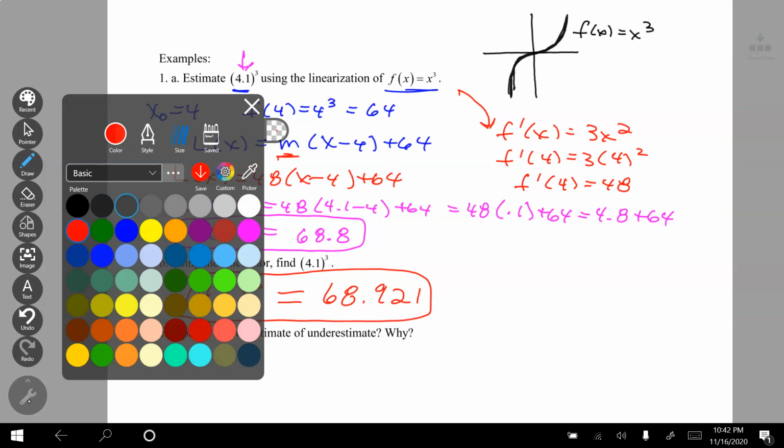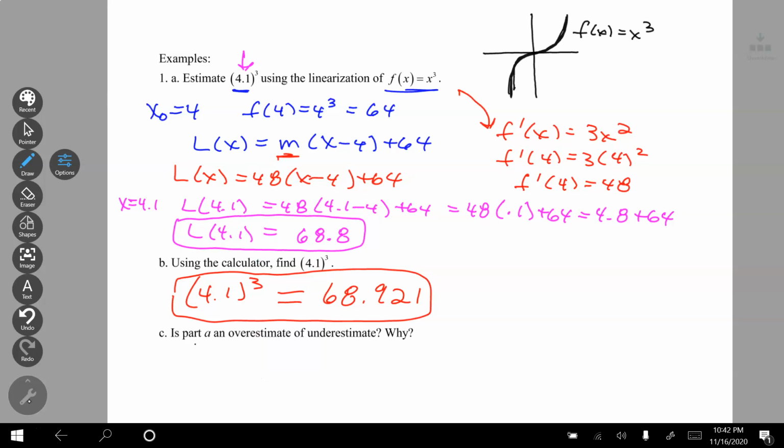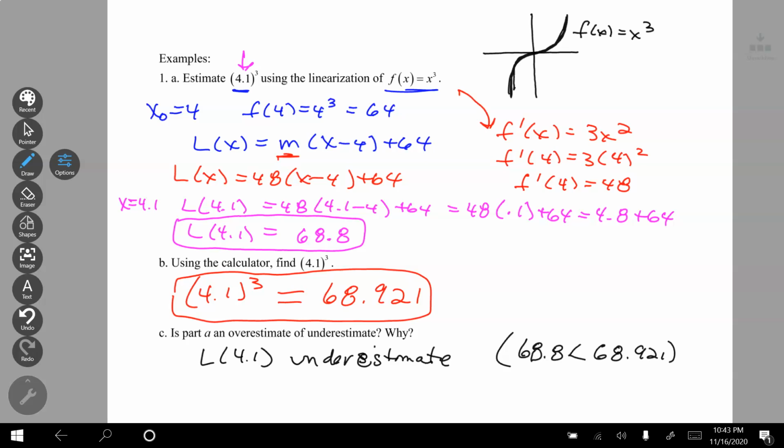Well, for obvious reasons, L of 4.1 is an underestimate. I can see that 68.8 is less than 68.921. That's obvious.